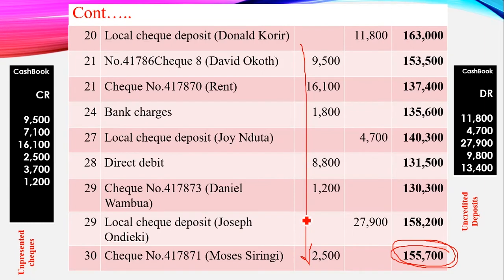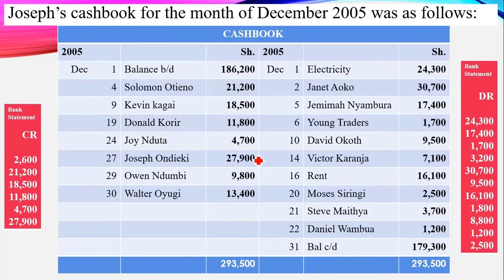And those figures that will be missing, I'm going to update in my cash book. These are the debit figures of the bank statement. Then I'm comparing these with the credit side of the cash book. Remember, when you debit the cash book, on the other side, the bank will credit the bank statement. So I need to check if we have figures here that are not here, then I have to bring them here to update what? The cash book.